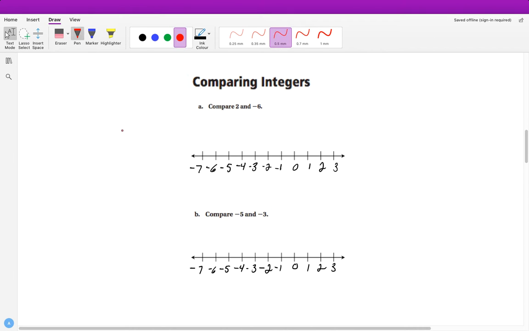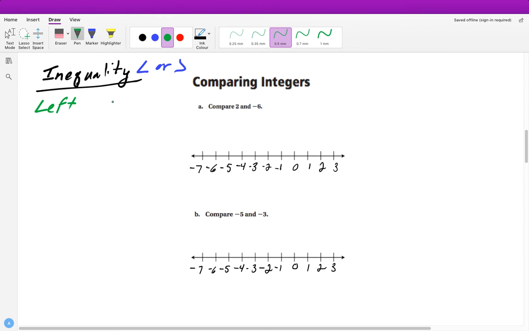All right, so now if we're going to start comparing numbers, there are symbols that we're going to start seeing, and these symbols are inequality symbols. The two symbols that we will see are less than and greater than. So let's make sure you understand how to read these. We read these from left to right.